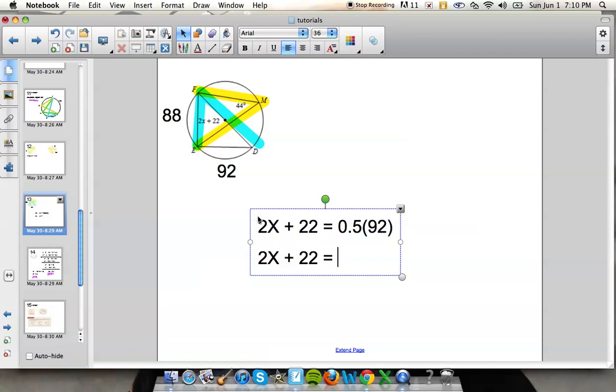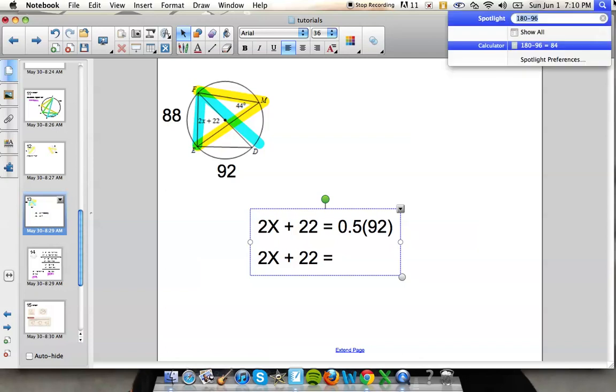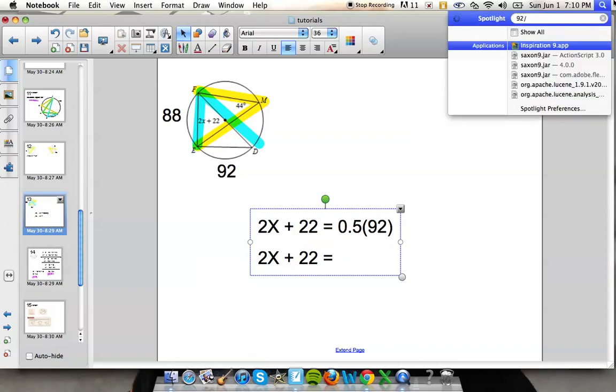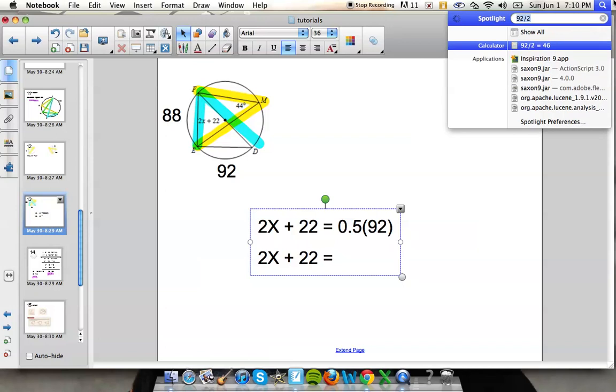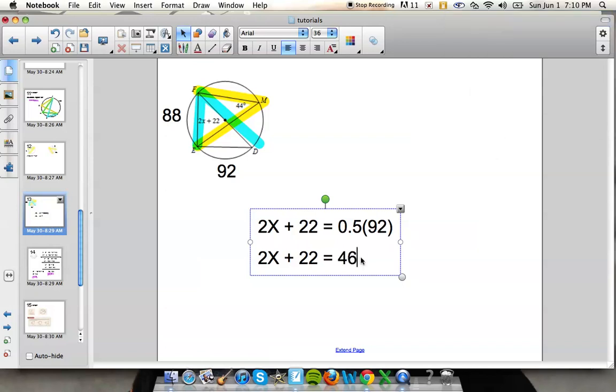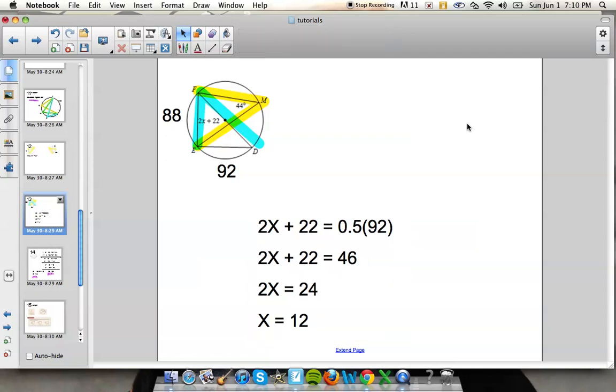Let's see, what would that be? 46. Okay, so since that is 46, we can go ahead and solve this. 2x is equal to 24, so x would equal 12.